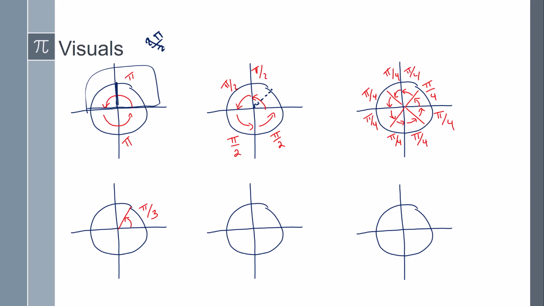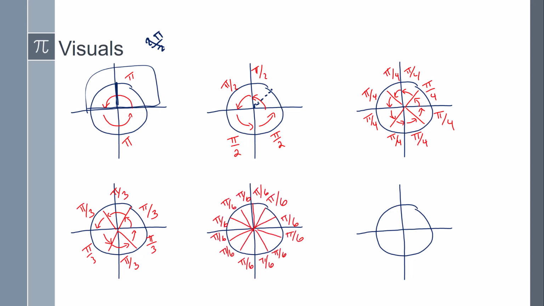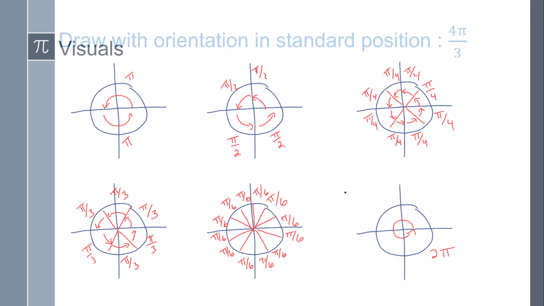I could cut this pi into thirds, so 3 even slices, and I can do that around the entire circle. And you can cut it up into 6, and then obviously our 2 pi is going to be the 360 degrees. Now, just remember, it's what you're cutting half the circle into.